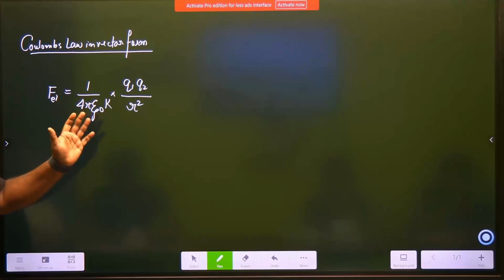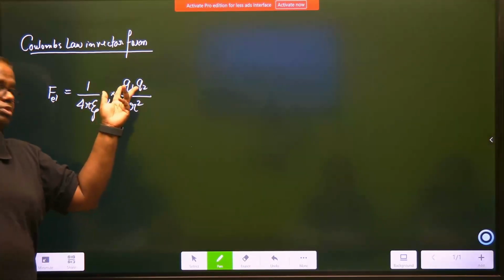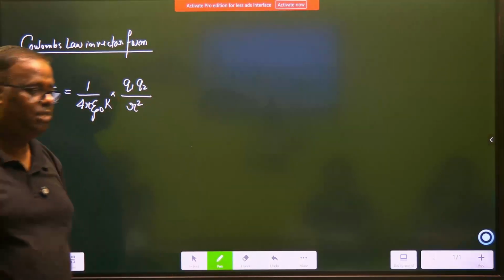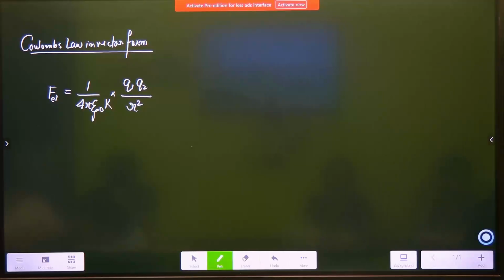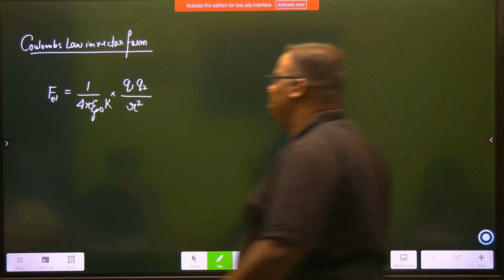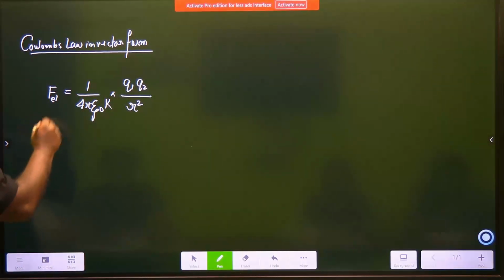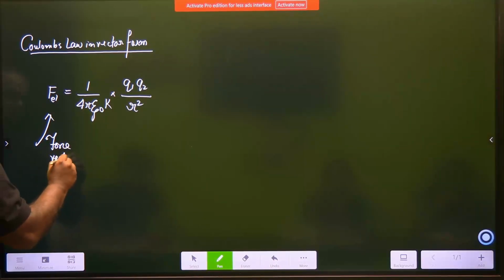This is multiplied by the magnitude of the two charges divided by the distance of separation between them. Now this gives me the magnitude of the force. If the signs are opposite, the force would be attractive. If the signs are the same, the force will be repulsive. Is this much understood? Now when you talk about Coulomb's law in vector form, you need to understand that the quantity you are trying to find out is force, and force is a vector quantity.